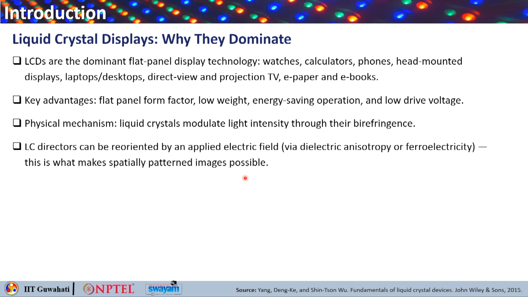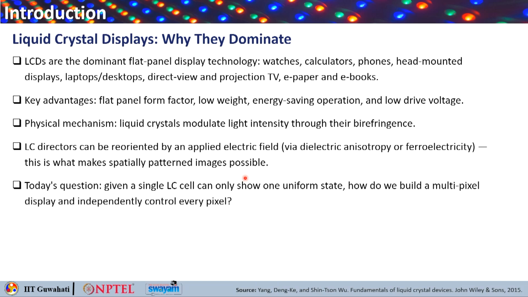That is the mechanism through which you can get the bright or the dark state. In short, the liquid crystal directors can be reoriented by applied electric field based on features like dielectric anisotropy or ferroelectricity. And this makes it possible to generate spatially patterned images.